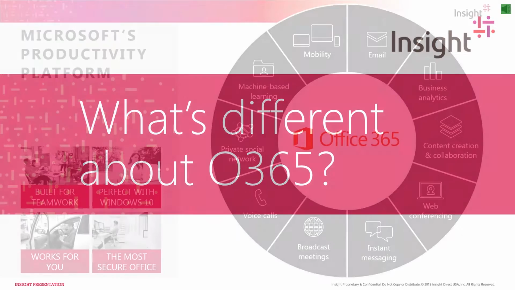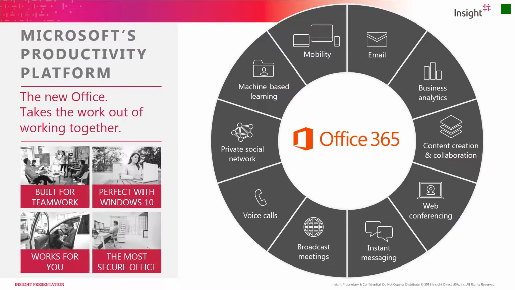Yeah, sure. So I think it's important to really set apart what's delivered through Office 365 in comparison to what you would really consume within the standard version of Office. And ultimately, it's really around the fact that Office 365 is Microsoft's productivity platform.